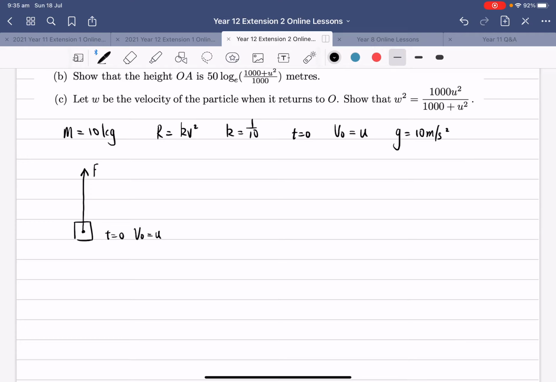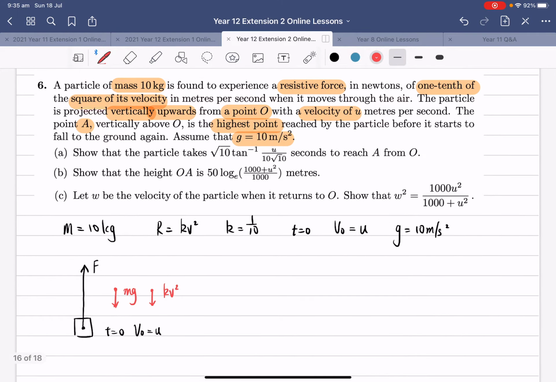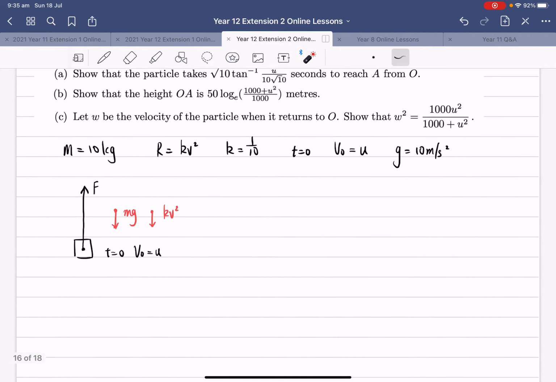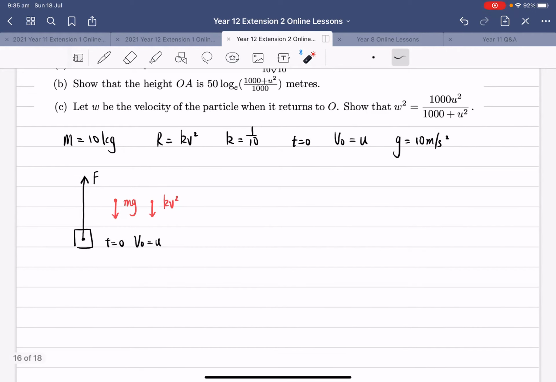There is a force that goes up. Obviously we have two things that go down. The first one is the gravitational force, mg. The second one is the resistance, and the resistance here is kV squared. It's not equal to mkV squared in this case. That only tells you that the resistive force is 1/10 of the square of its velocity. It doesn't mention anything about its mass.